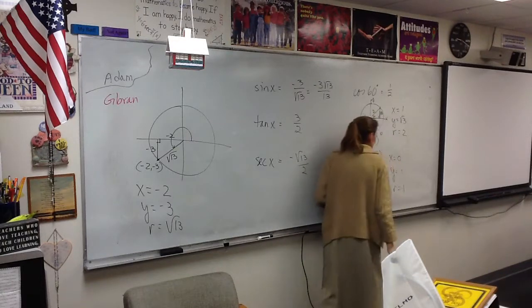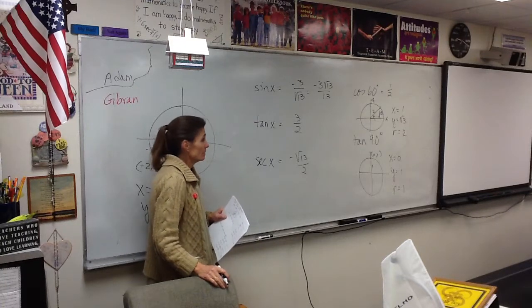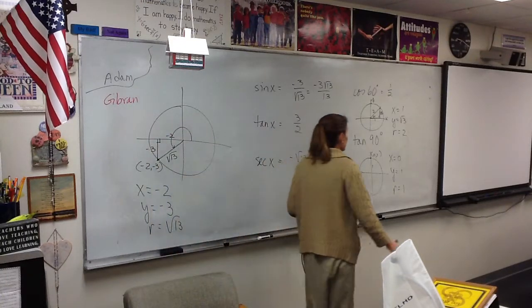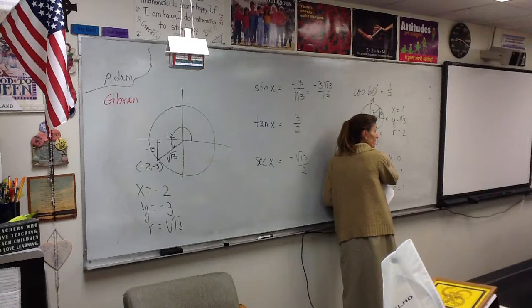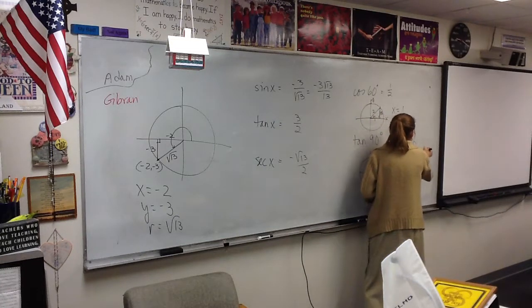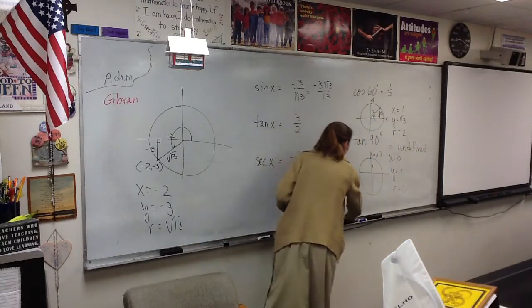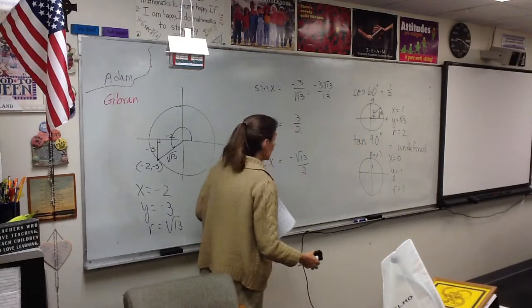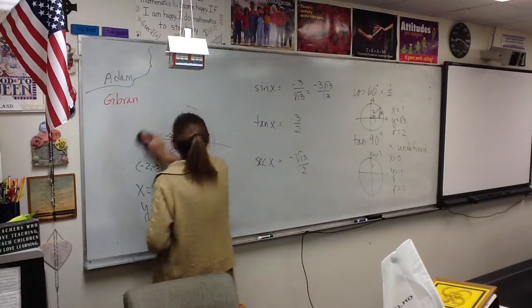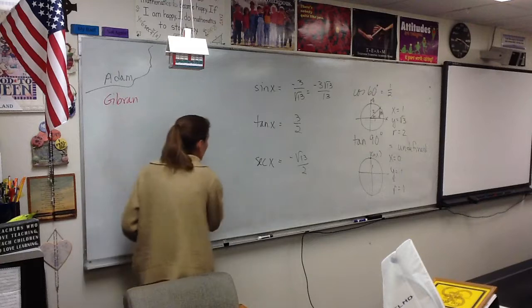So x is 0, y is 1. Now we want the tangent. Tangent is y over x, which would be undefined. Tomorrow when we start graphing these, we will notice we have an asymptote in the tangent curve at 90 because it's undefined there.